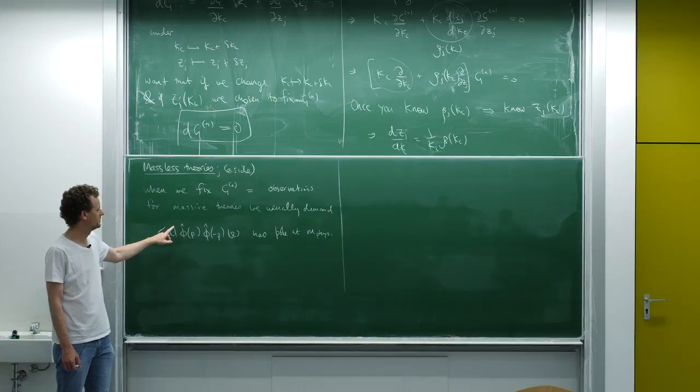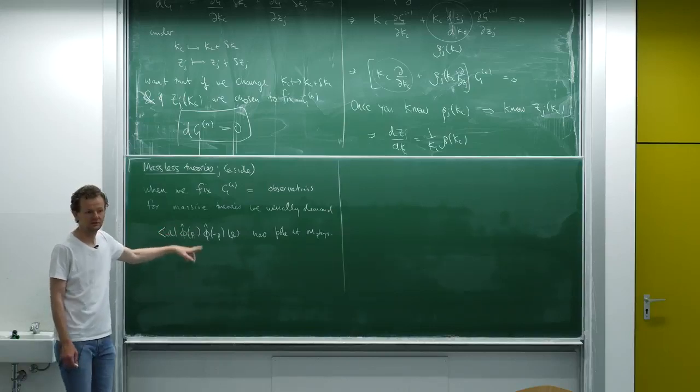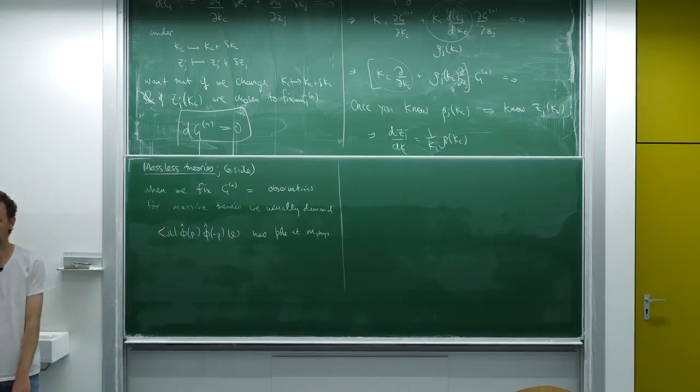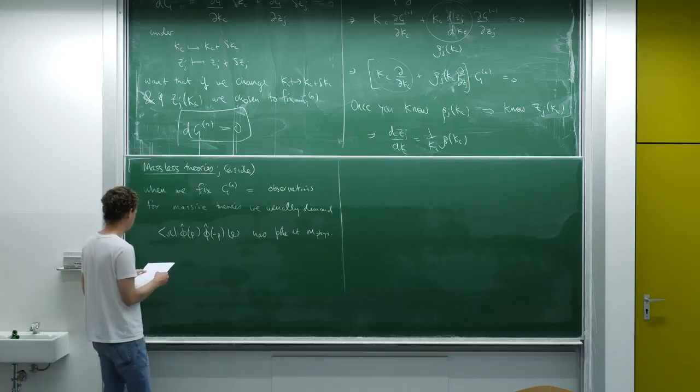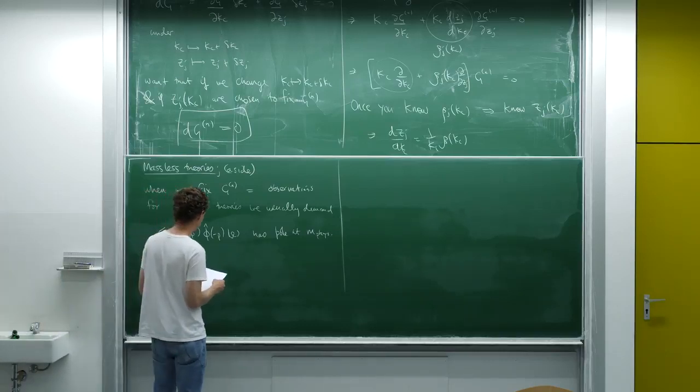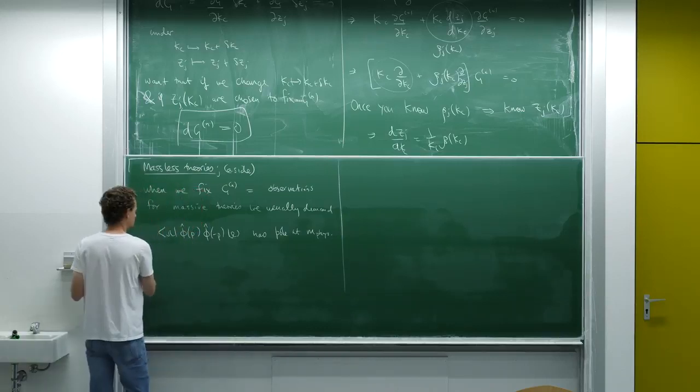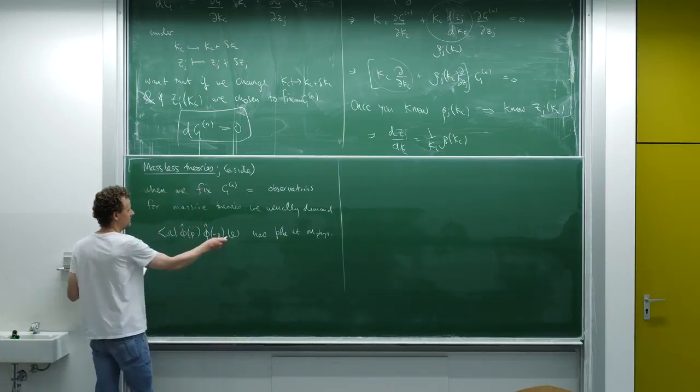But there's a problem when the theory is massless. We're going to encounter several massless theories in the rest of our course, so we have to be a bit careful. We get extra divergences for massless theories. We can't do this basically.